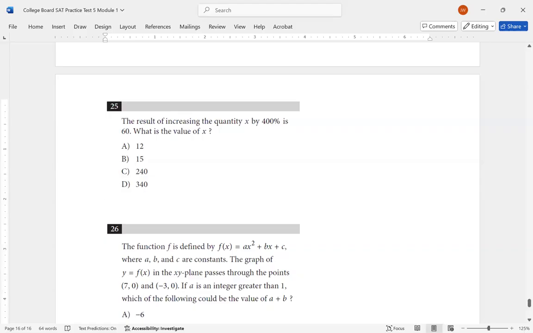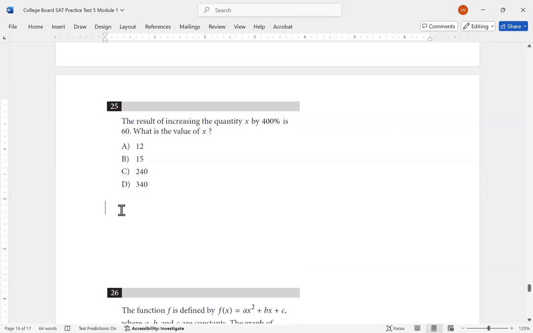Let's take a look at 25. It says the result of increasing the quantity x by 400% is 60. What is the value of x? Now, increasing by 400% means that I take 1 plus 400%, which is 4.00 as a decimal, and then I multiply that by x.